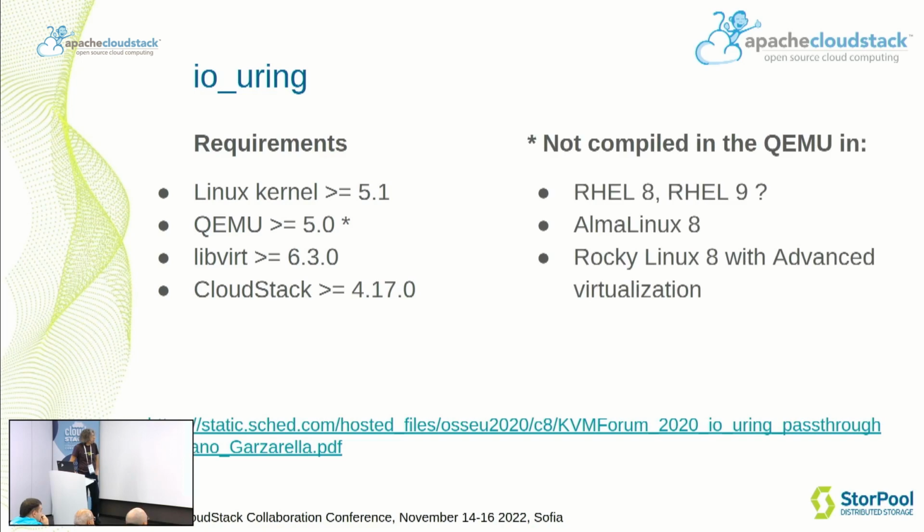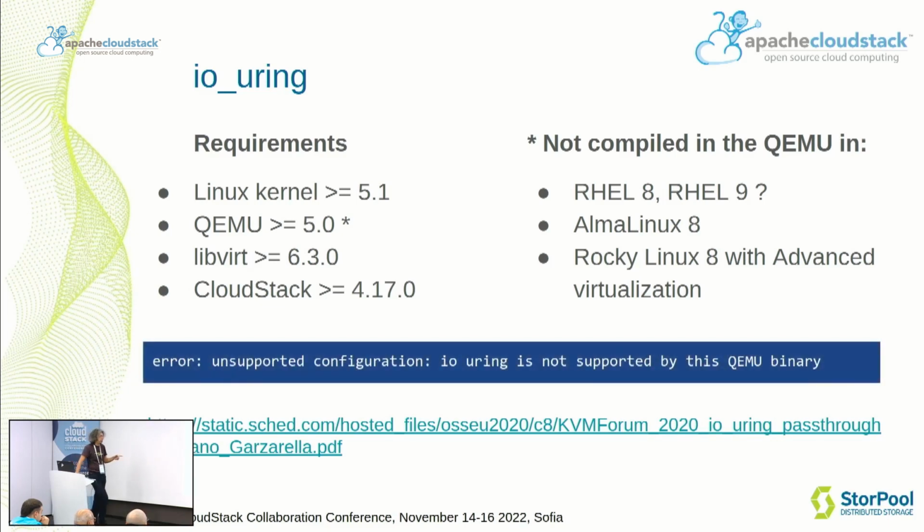So what does this asterisk next to QEMU mean? Even if you have a recent version of QEMU, in many cases io_uring support is not built, not compiled in. The QEMU that comes with Red Hat 8 and its derivatives like Alma 8 and Rocky Linux is the correct version, but it doesn't have io_uring compiled in.